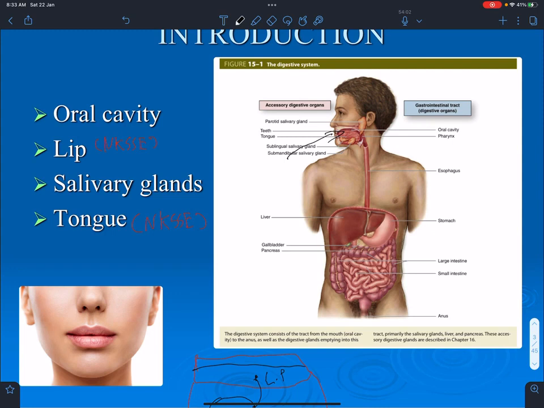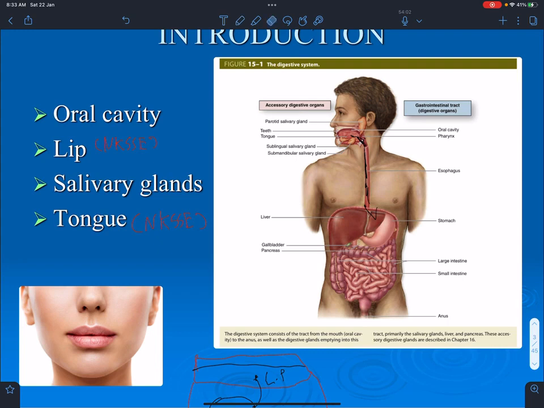The point is that they start to break down the food a little bit mechanically and maybe with some chemical secretion from saliva, so that they can transport this food, let's say shawarma, into the pharynx and all the way to your esophagus till it reaches your stomach. This is all part of the swallowing process, involving chewing and swallowing.